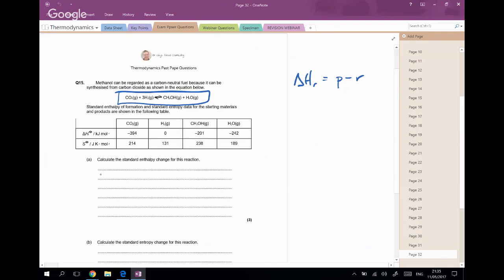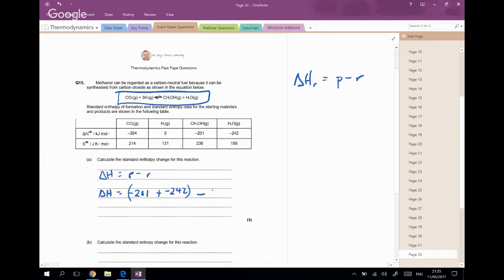So enthalpy change, delta H here is equal to products minus reactants. So enthalpy change is going to be products, right-hand side, so methanol minus 201, minus the water, which is minus 242. We'll bracket that.